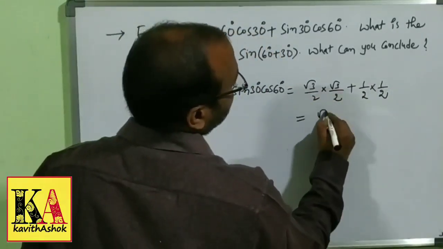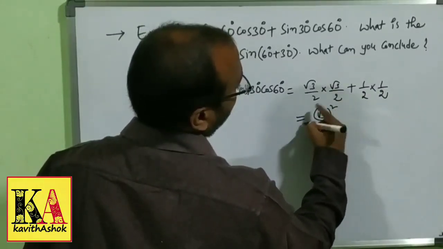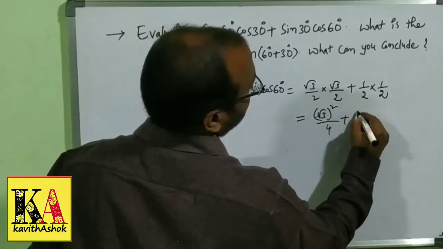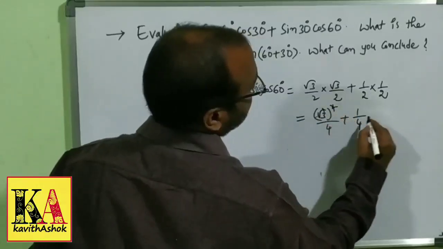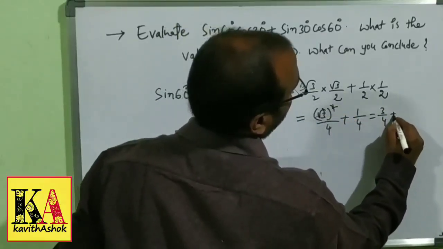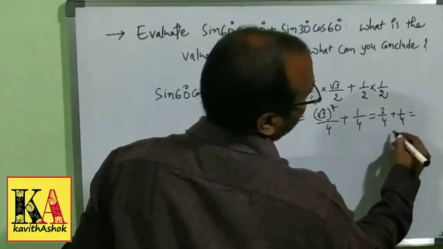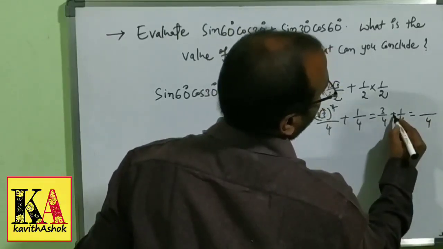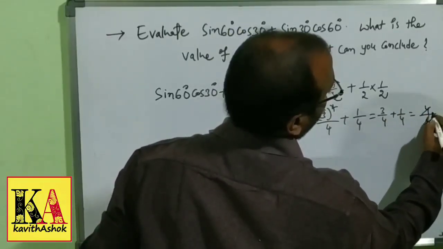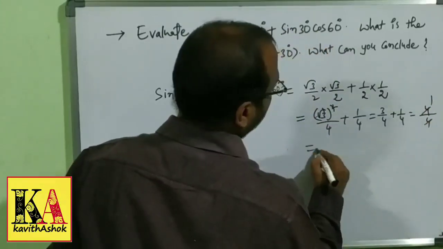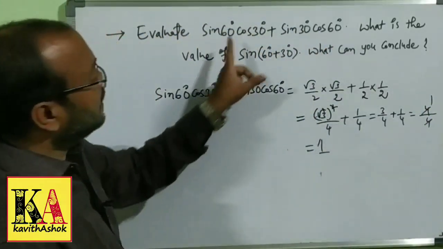Root 3 into root 3 is root 3 square, 2 2 is 4, 1 1 is 1, 2 2 is 4, square root cancels. We get 3 by 4 plus 1 by 4. These are like terms, we can add 3 plus 1, 4. 4 by 4 gets cancelled. The answer will be 1.